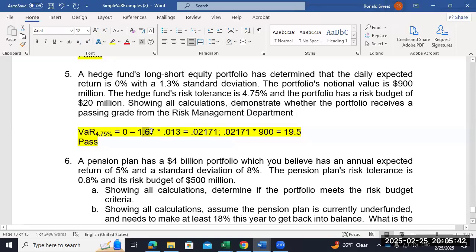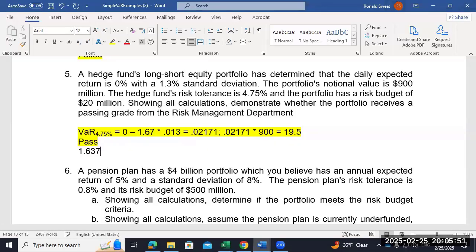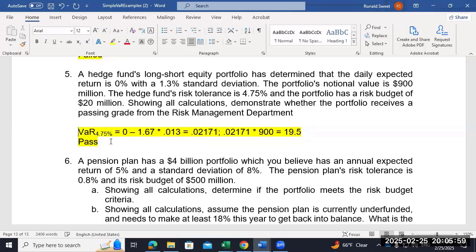Always be really clear. This is a number that's related to the normal table and your probability. Some people will say a 1.67 sigma event, that kind of thing. All right, that look right? Everybody got that number?